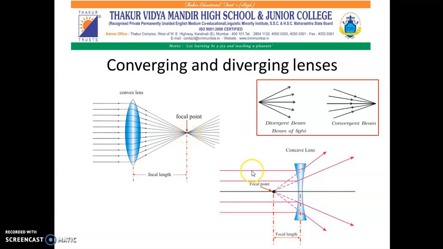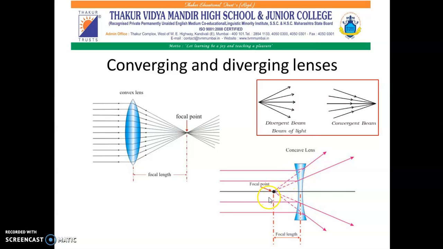Now let us understand the same for the concave lenses. When the light rays parallel to the principal axis fall on the concave lens, they diverge after refraction in such a way that they appear to be coming out of a single point on the principal axis.